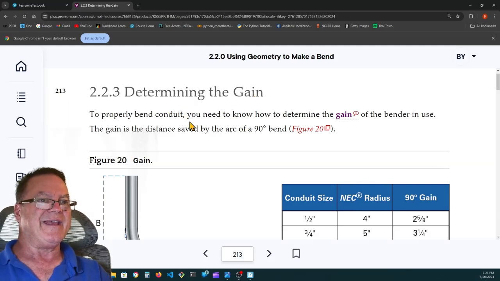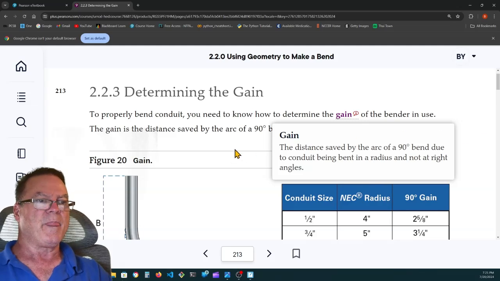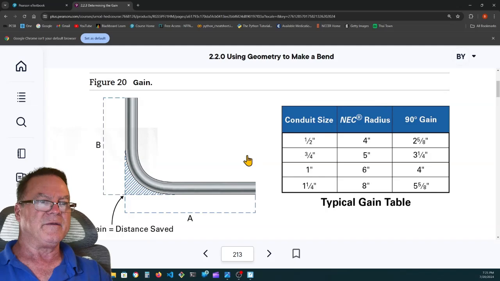2.2.3, determining the gain. To properly bend conduit, you need to know how to determine the gain, the distance saved by the arc of a 90-degree bend due to conduit being bent in a radius and not at right angles. So here's distance A, here's distance B. The pipe is shorter than those two distances added together.